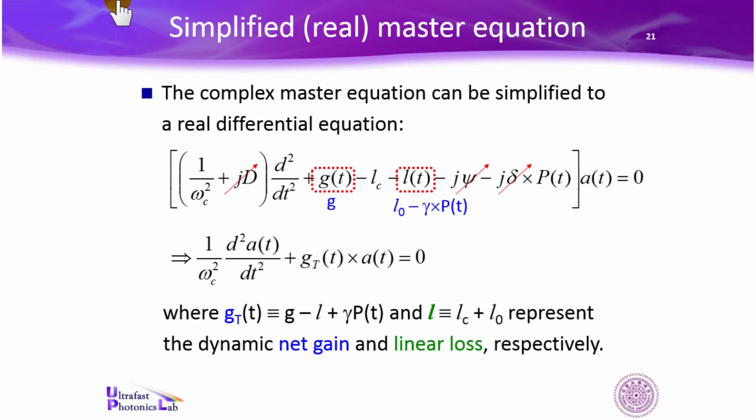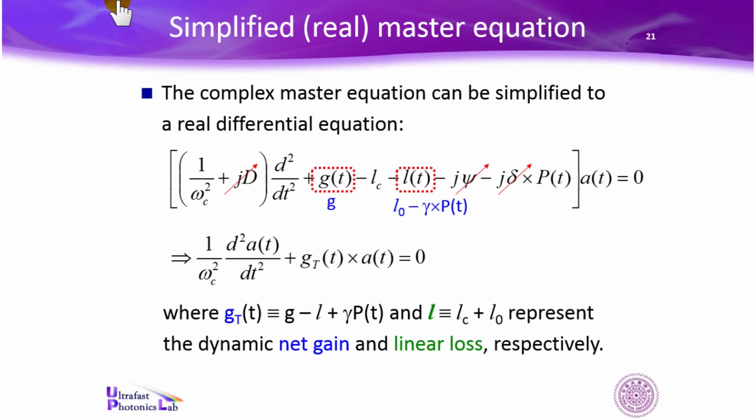Okay? LC is the cavity loss, maybe due to the mirror, it's a constant. L0 originally comes from L of t, it's a dynamic loss, a nonlinear loss. But even the nonlinear loss has a constant term, so the contribution can be combined with the contribution of LC. Together, you get the linear loss term, L, which is LC plus L0.